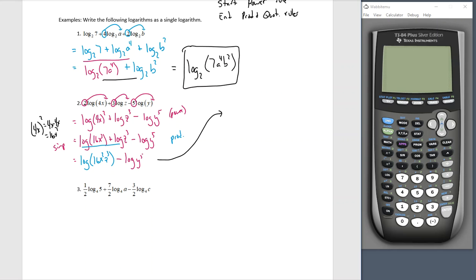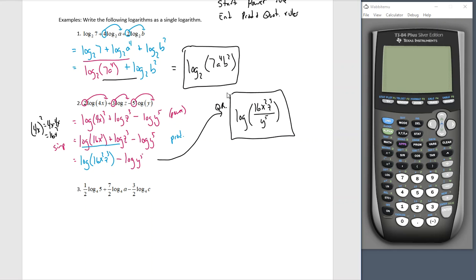And now I'm going to use the quotient rule. The quotient rule says now that I have a log minus a log, same base, that's log base 10 of the quotient, where 16x squared z to the third is in the numerator and y to the fifth is in the denominator.